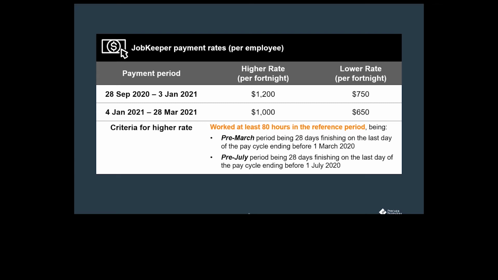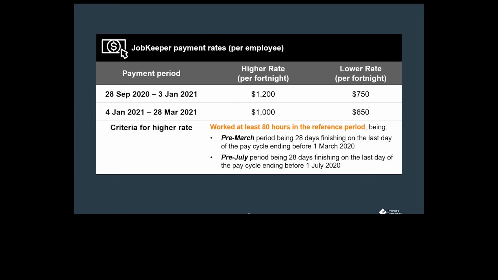Then from the 4th of January until the 28th of March, under the second extension period, the rates decrease further, with the higher rate being $1,000 per fortnight per employee, and the lower rate being $650 per fortnight per employee. The distinction between those rates is worked out according to a reference period.